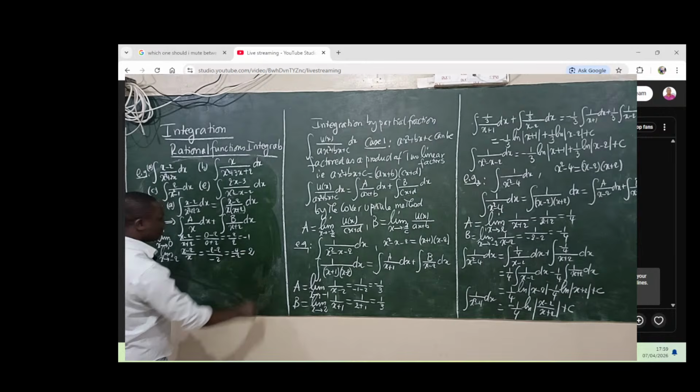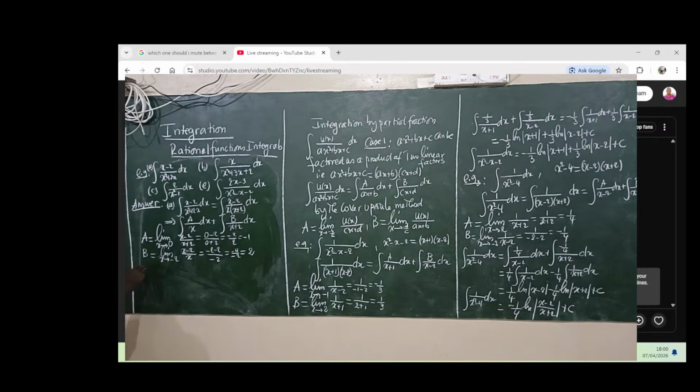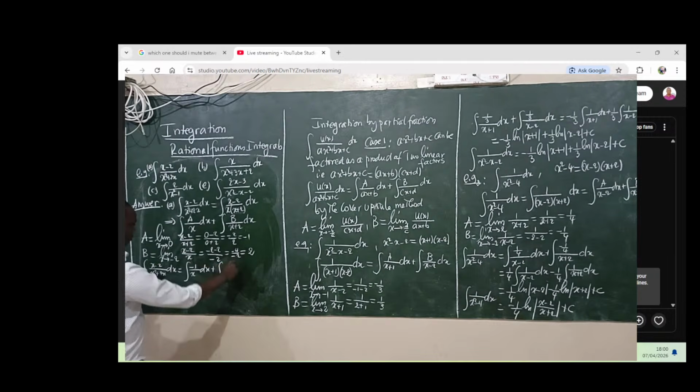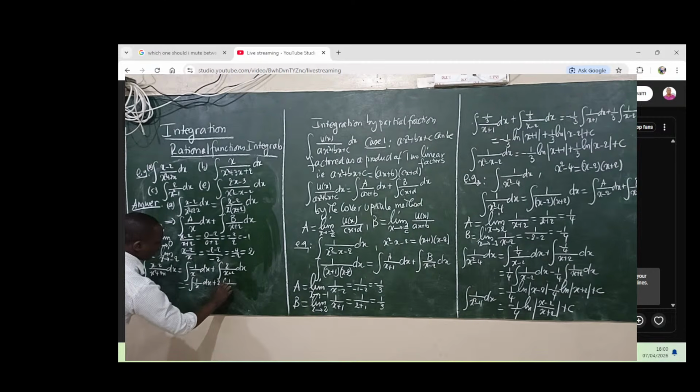So the integral of x minus 2 by x squared plus 2x dx is going to be, we are going to replace a here by minus 1. That's why here we have minus 1 by x dx plus the integral. Replace b by 2. Here is 2 by x plus 2 dx. And this is minus the integral of 1 over x dx plus 2 times the integral of 1 by x plus 2 dx.